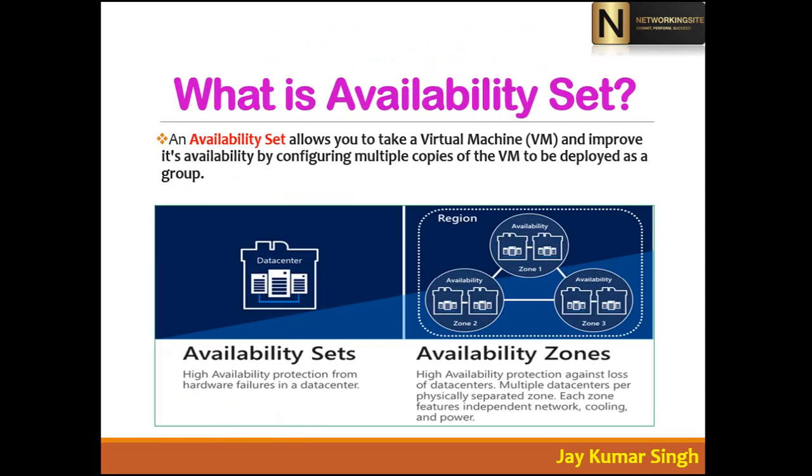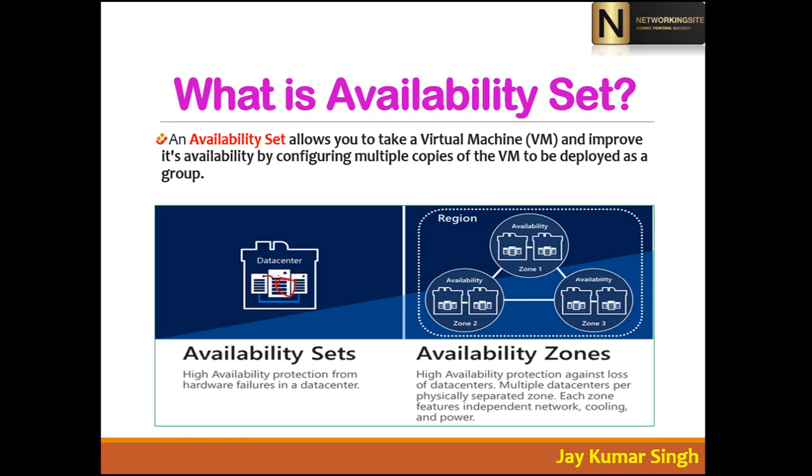Availability sets allow you to take virtual machines and improve their availability by configuring multiple copies of the VMs to be deployed in a group. So maybe this is your data center. Whenever you create a single VM, you will have the option to create multiple copies on multiple servers.